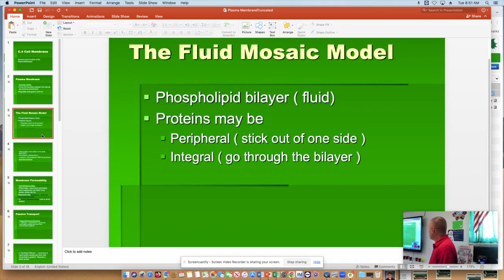Okay. Those proteins that are in the boundary or in the barrier, in the membrane, can either be peripheral or they can be integral.